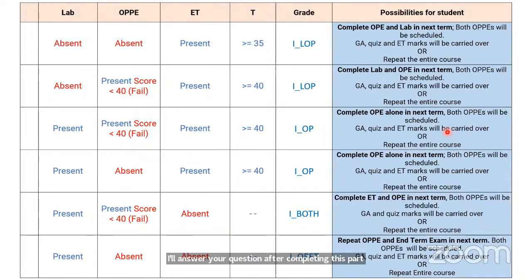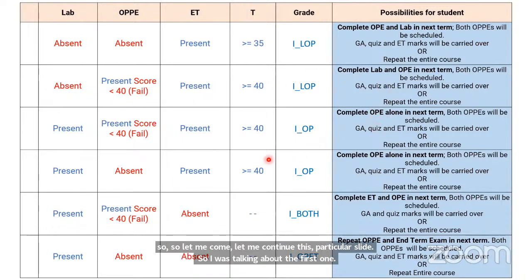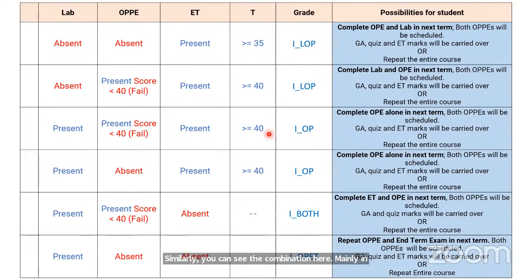Okay, so let me continue this particular slide. I was talking about the first one. Similarly, you can see the combinations here. This entire slide is about incomplete only. In fact, the next slide is also about incomplete.